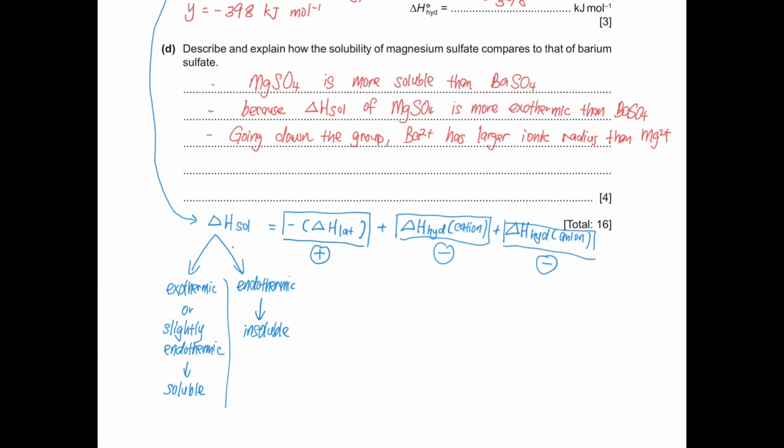That means the size of barium 2 plus is greater than the size of Mg2 plus. Now why do we have to talk about the size? Because no matter lattice energy or hydration, it is affected inversely by the size. So you have to know that. I put a star here.